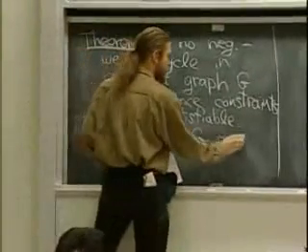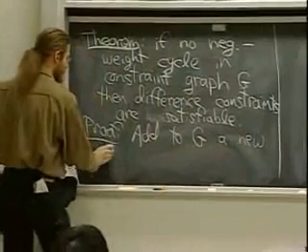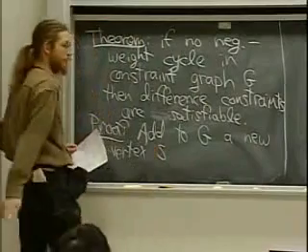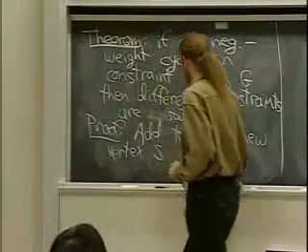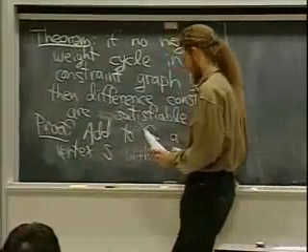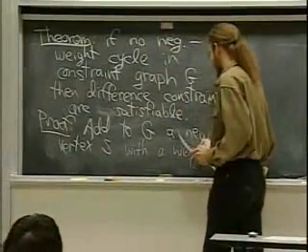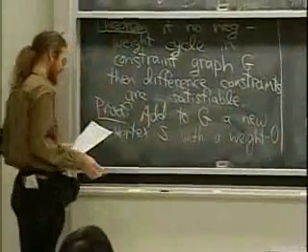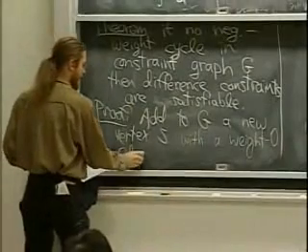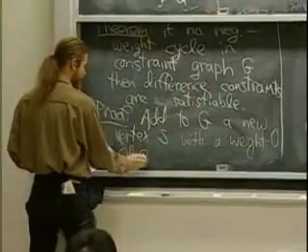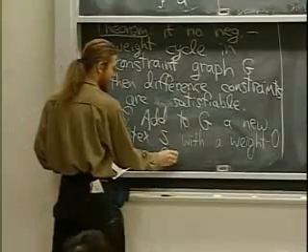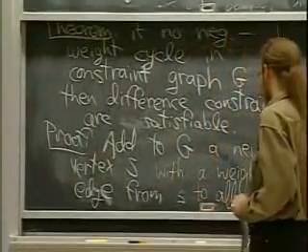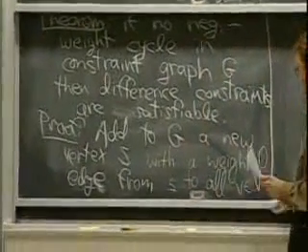So we're going to add a new vertex S for source. Use the source, Luke. Okay. And we're going to add a bunch of edges from S, because being a source, it better be connected to some things. So we're going to add a weight zero edge from S to every other vertex in the constraint graph.